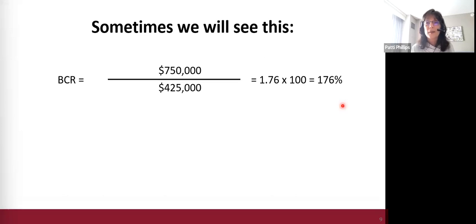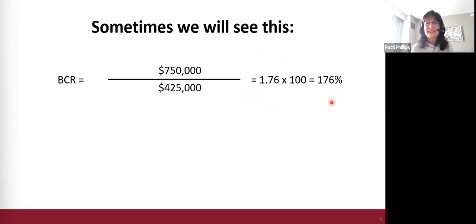Do you see a problem with that? Does anyone see a problem with this? So they're taking the benefit cost ratio, 1.76, multiplying it by 100, and they're saying, we got 176% return on investment.